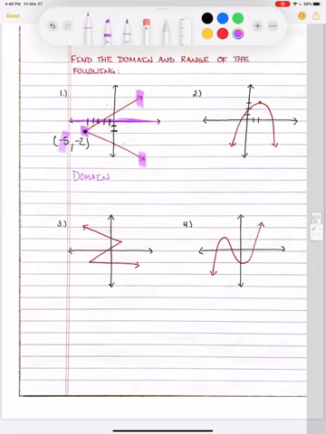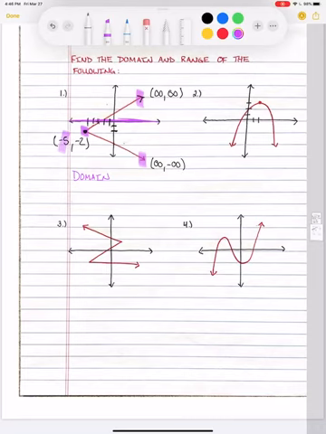For my arrows, this arrow up top is going to the right. Okay, it's going to the right, so I know it's going towards positive infinity. It's also going up, so again, towards positive infinity. This arrow down here is going to the right, so positive infinity. It's going down though, so that's towards negative infinity.